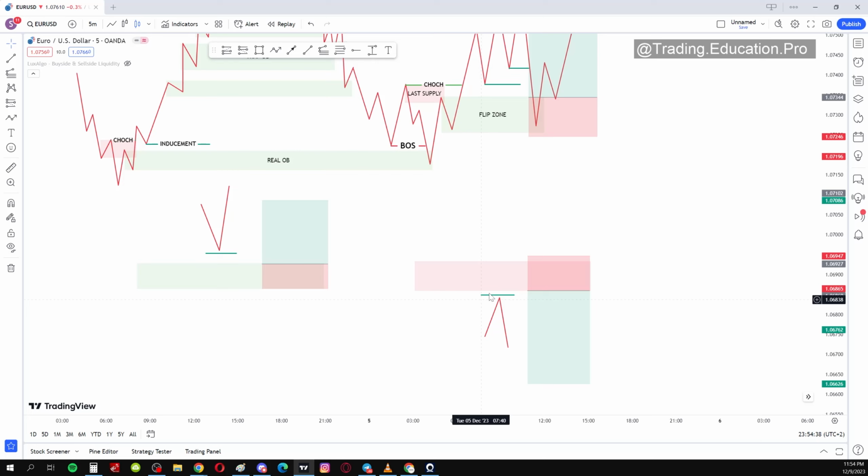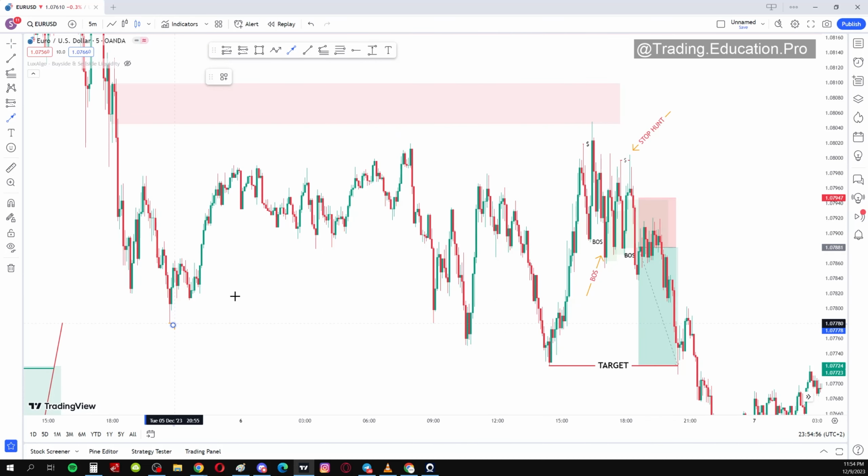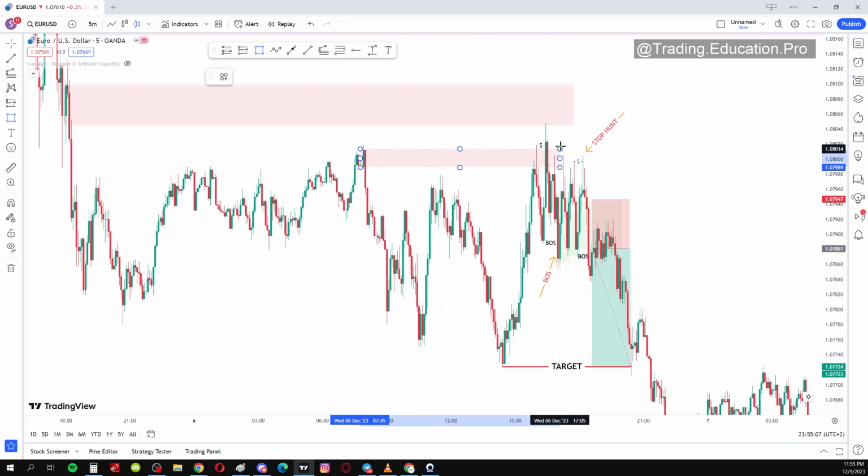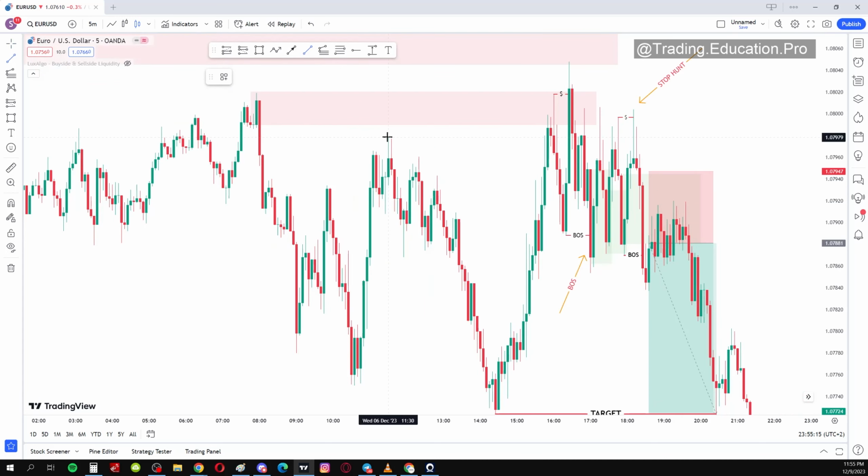So as it is here, you see we had this huge move down, we came back up, created a new low, and then some people will try to sell from here, right? Because even here we have some trend line liquidity.